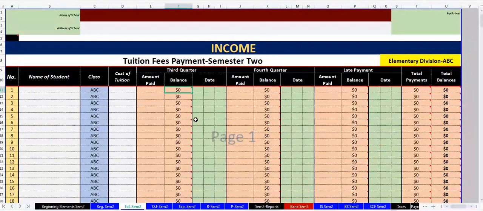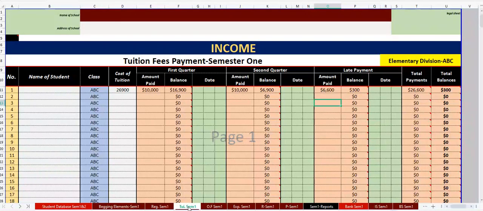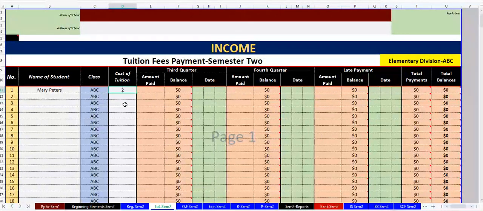We come with Mary Peters again. Mary Peters paid, okay, the cost of tuition this time around. Let's see what was the cost of tuition for this semester. It was 26,000. So this time around let's say 20,000 for semester 2. So say semester 2 for tuition was 20,000. Great.